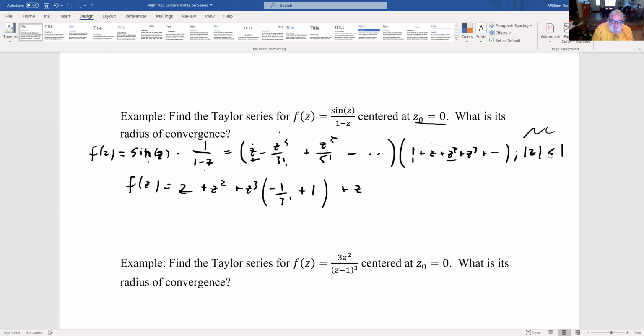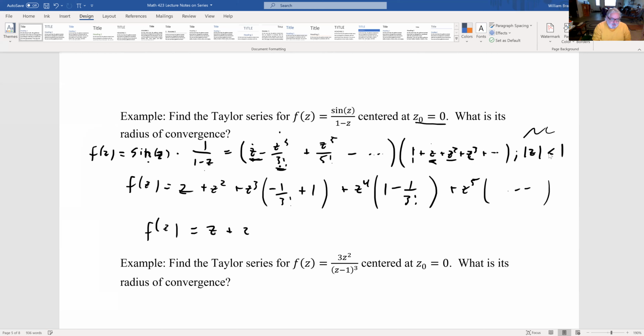Can I get any z to the 4th terms? Well, if I take a z times a z cubed, that gives me a 1 z to the 4th. If I take this z cubed term times a z, that gets me a z to the 4th, minus 1 over 3 factorial. Plus, and then you try and group together z to the 5th, et cetera, et cetera. And you can write out the first few terms.